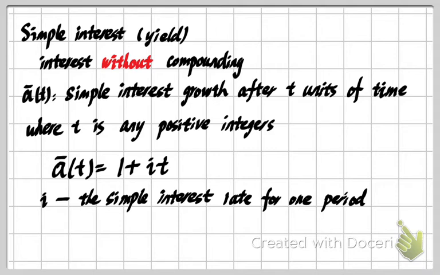Okay, so now let me use a little more explanation for why the simple interest growth looks like this. Assume initially we have only $1 to invest. That means at time 0, our initial investment amount A0 is equal to 1, so in our account there is only $1.